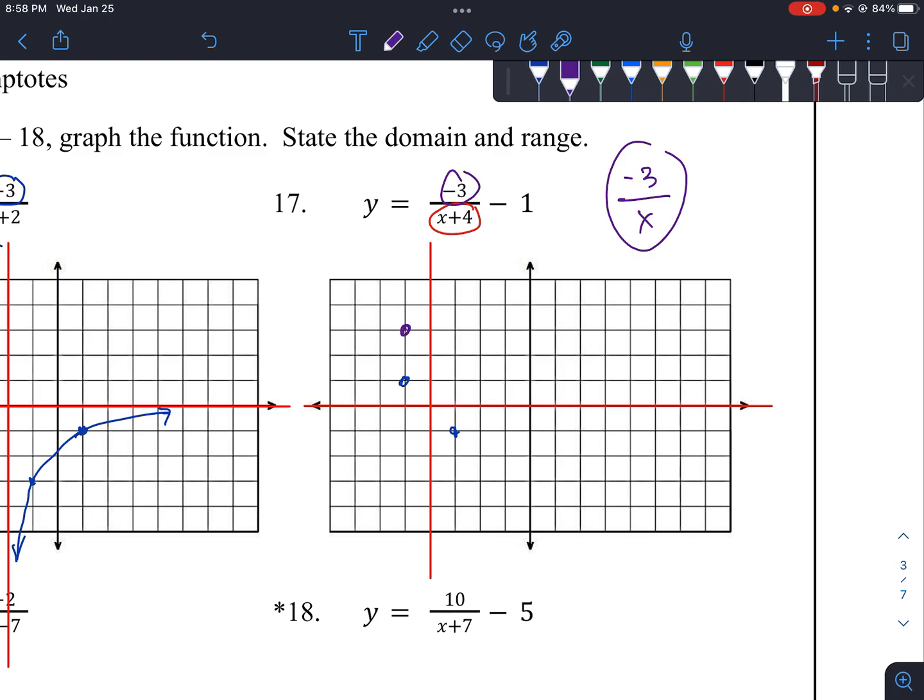So that would be here, and that would be here. Because it's stretching that by 3, then it's also going to go this way by 3. So 1, 2, 3, right there, and then 1, 2, 3 over here, just using symmetry to graph the rest of it.